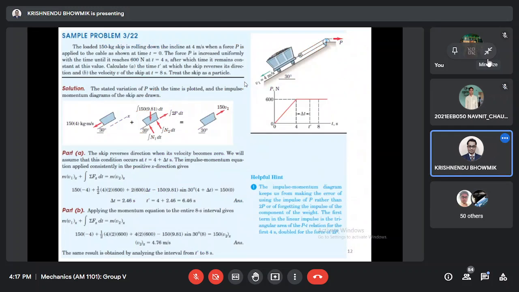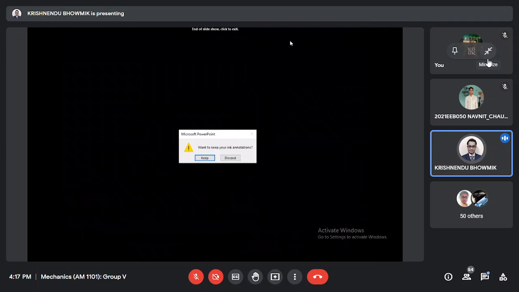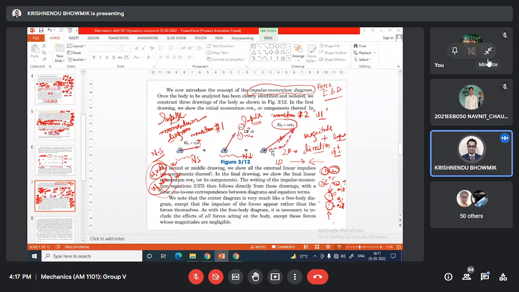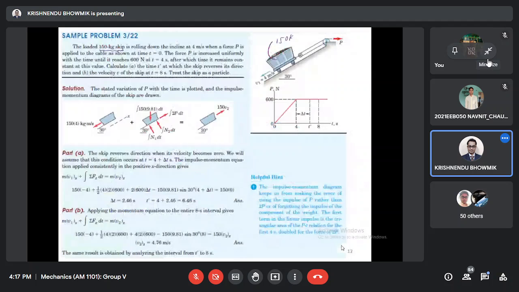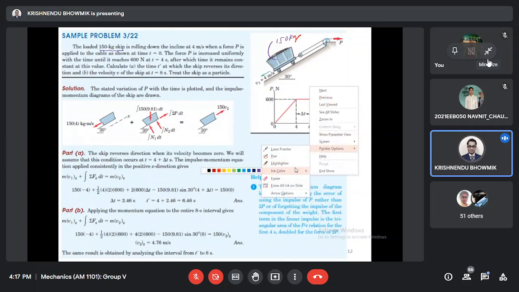The next question is, we have a loaded 150 kg skip. This one. Let me change the ink color.